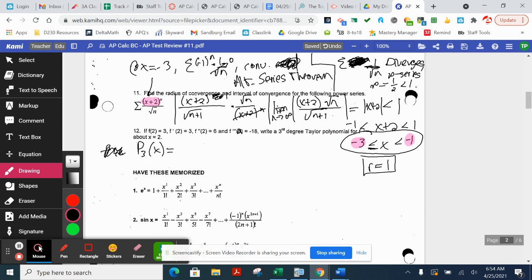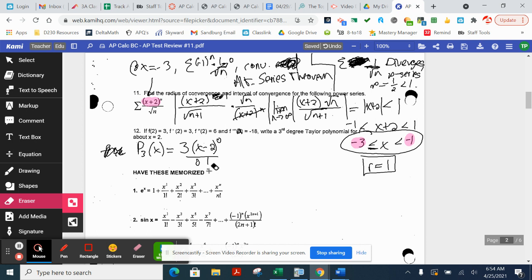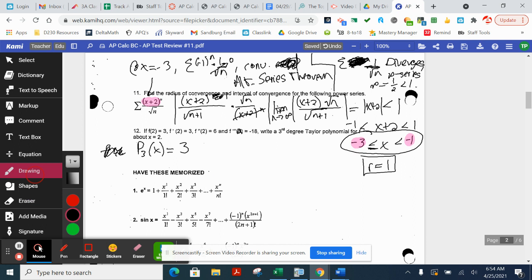And then just remember our little pattern for Taylor polynomials. The functional value goes first. And then that technically has, even though we don't need to write it, and I'm going to erase it here in a moment, we're centered at 2, so that would be to the 0 power over a 0 factorial. So those are all of our 0 derivatives, 0 power, 0 factorials, which ultimately is just your function value.